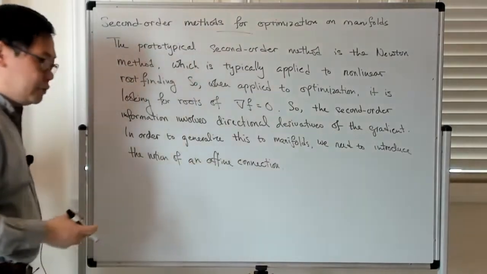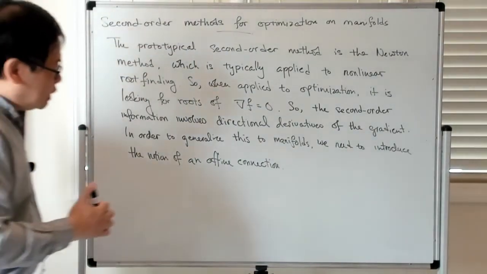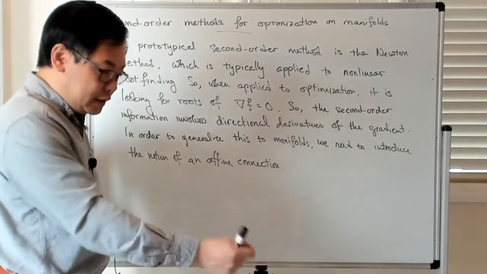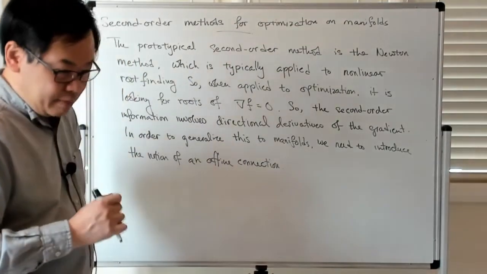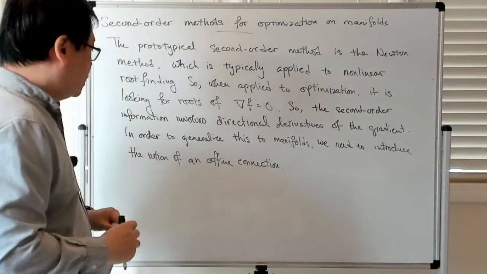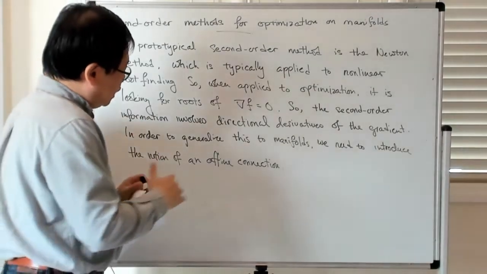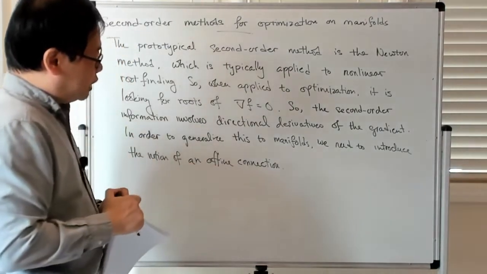Let me give you intuitively what this affine connection does. If you recall, the Riemannian metric generalizes the notion of distances to manifolds. What happens when you do affine connections is the following.